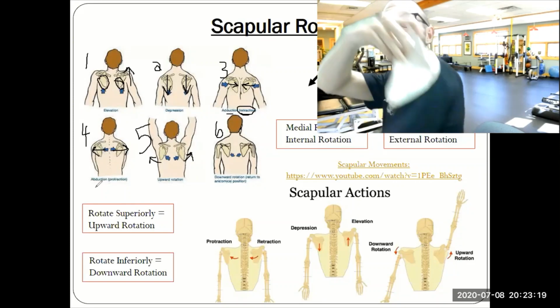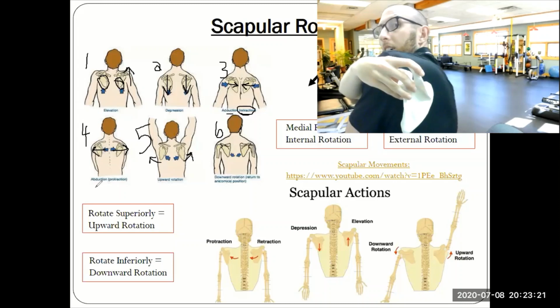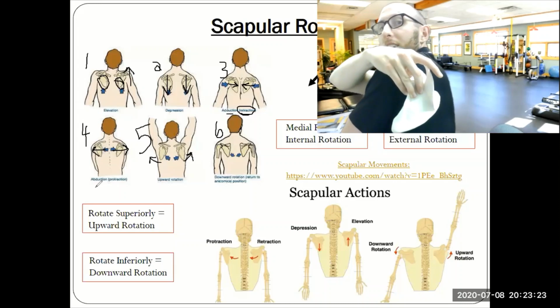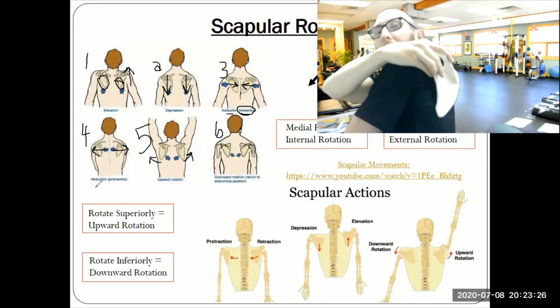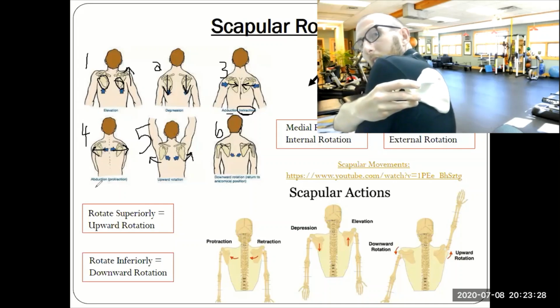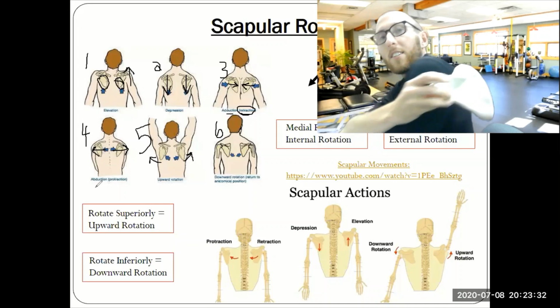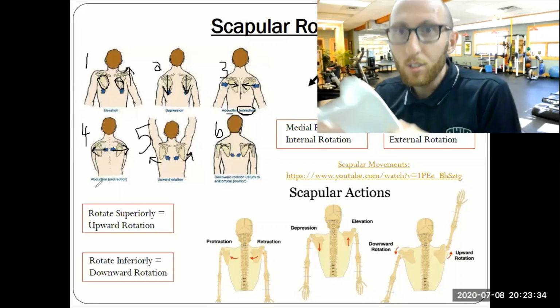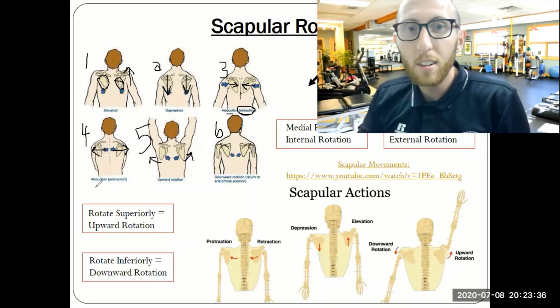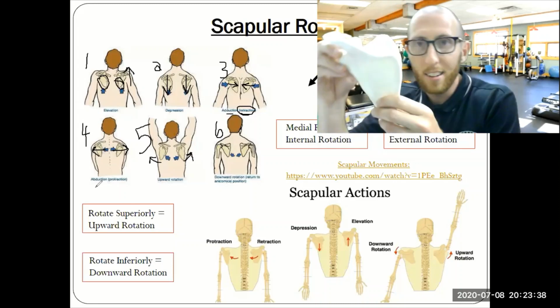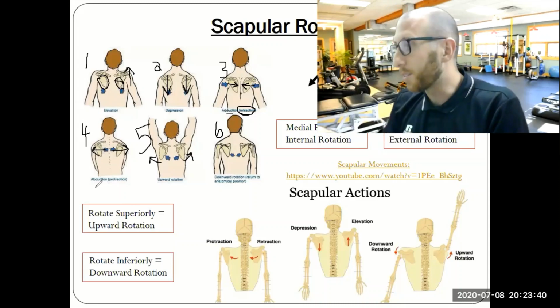See how the inferior angle is traveling laterally? But if I go this way, this is downward rotation because the inferior angle is traveling medially. So use that as upward and downward rotation.